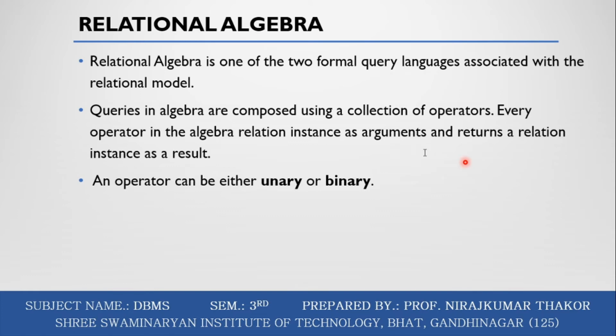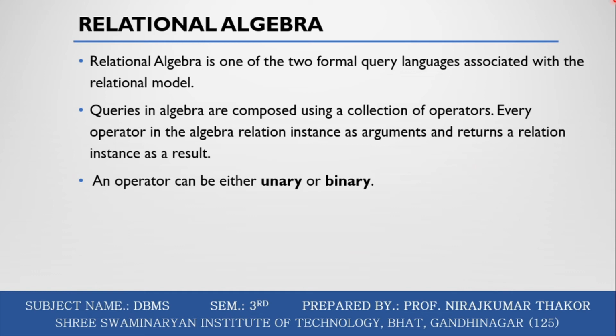Relational algebra is a procedural query language which takes an instance of a relation as input and yields an instance of a relation as output. Relational algebra is performed recursively on relations, and intermediate results are also considered as relations.